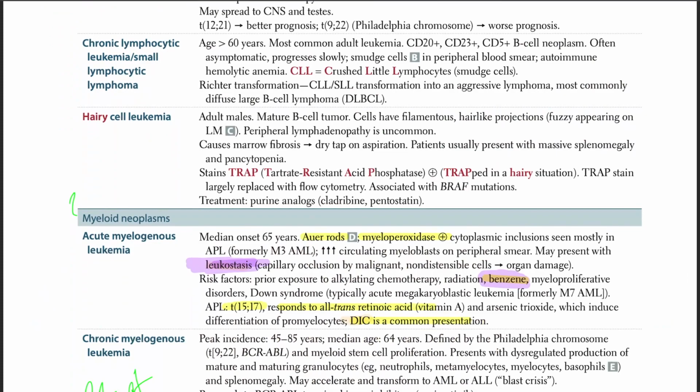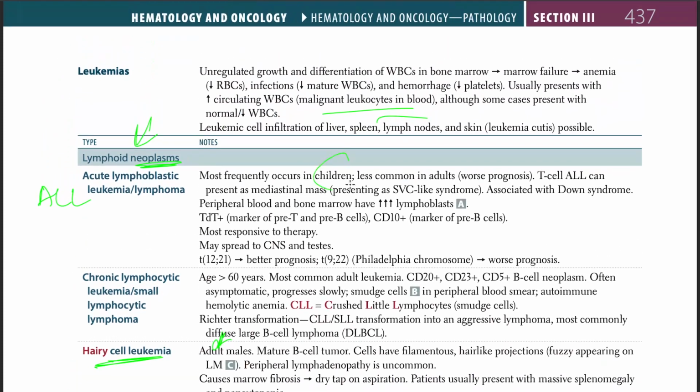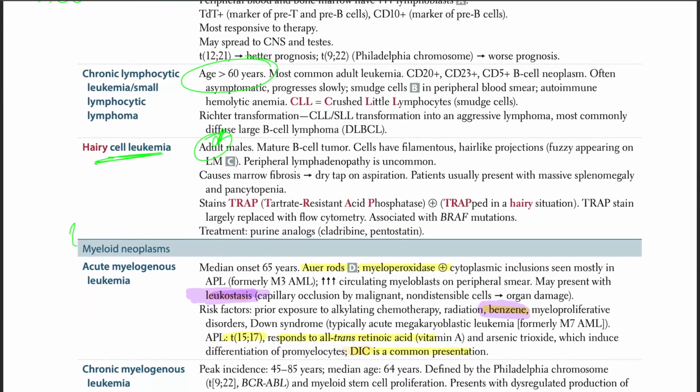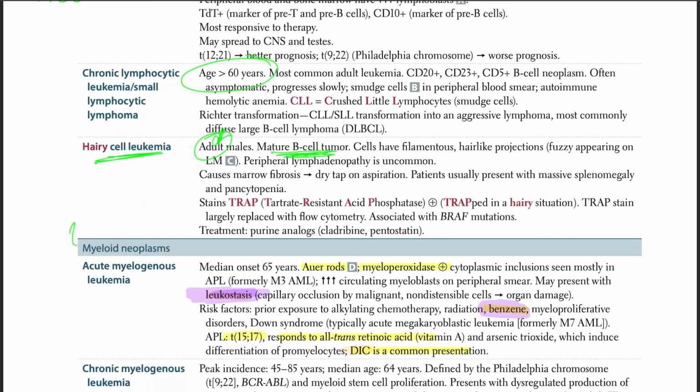Hairy cell leukemia, we also see in adult males. So from children to higher age, now to adults. It's a mature B cell tumor.